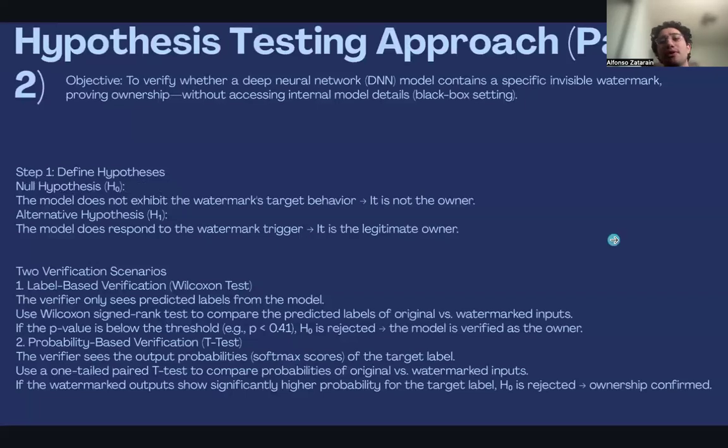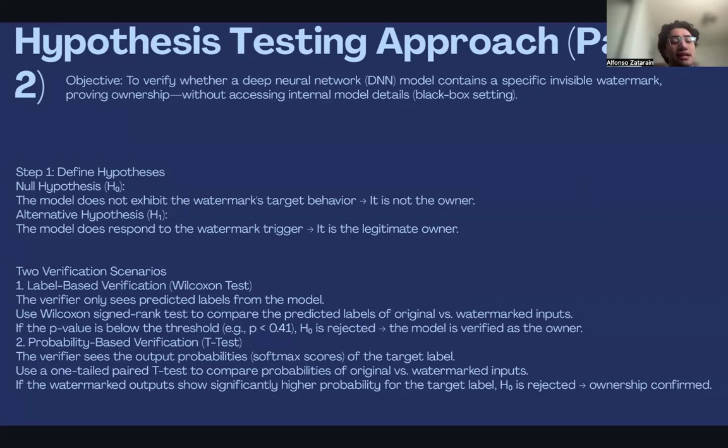The hypothesis test approach on the second paper. For our objective, we need to verify whether a deep neural network or DNN model contains a specific invisible watermark, proving ownership without accessing internal model details, which would be the black box setting.